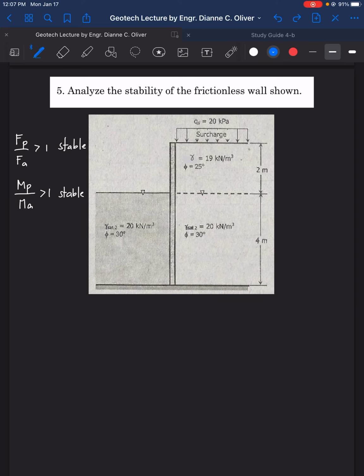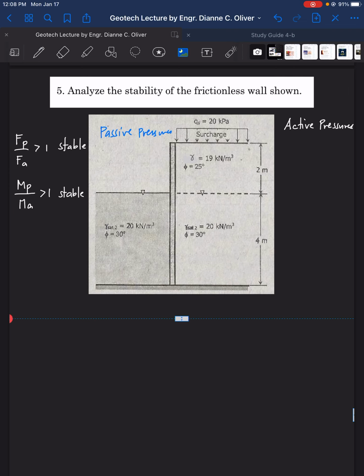Okay, so let's start first with this side here, the right side, which has the active pressures. So this structure is experiencing active pressures on the right, and then on the left we have the passive pressures. Okay, let's compute.